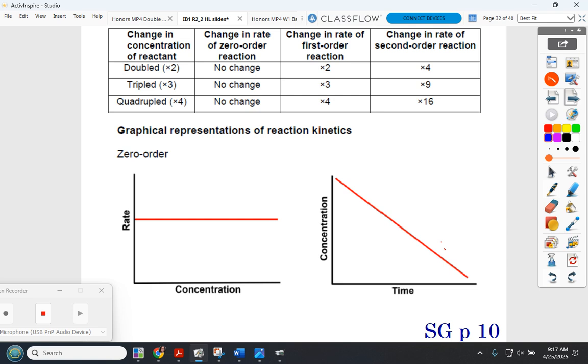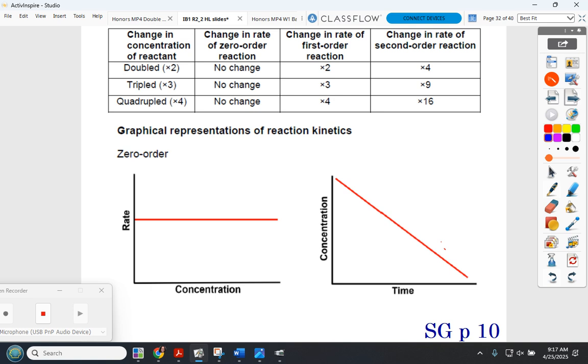One way you can do this is by looking at your concentration over time graph, which is what you're usually collecting the raw data of, or you can look at the rate versus concentration graph by taking the slope of this line and making that the y-axis, and then the x-axis is concentration.